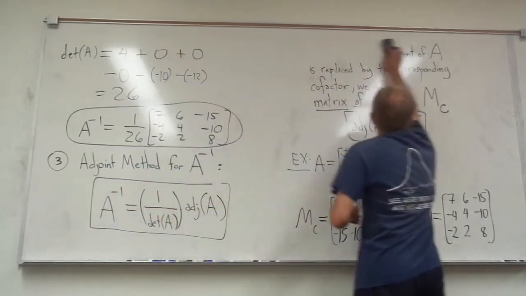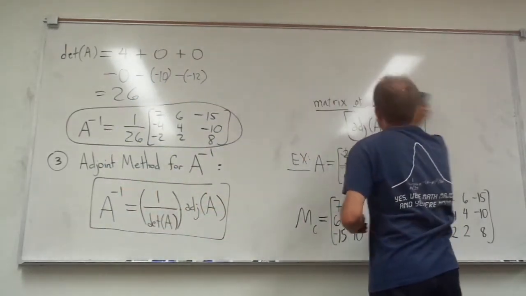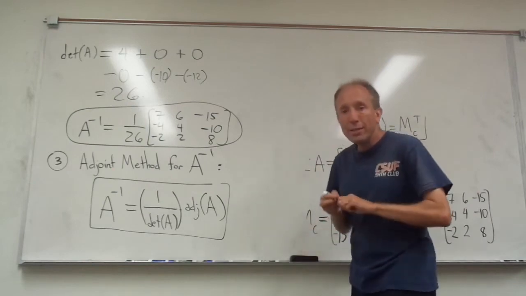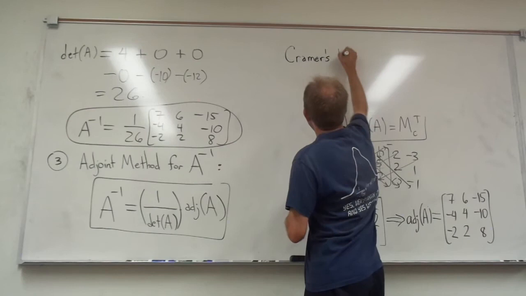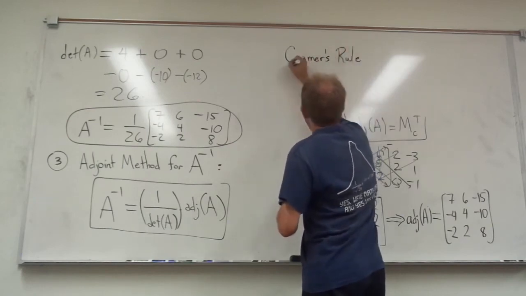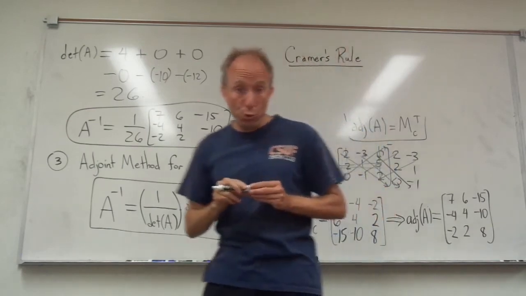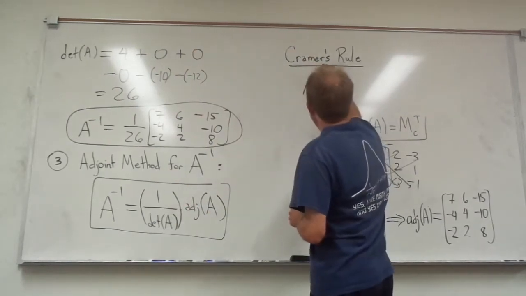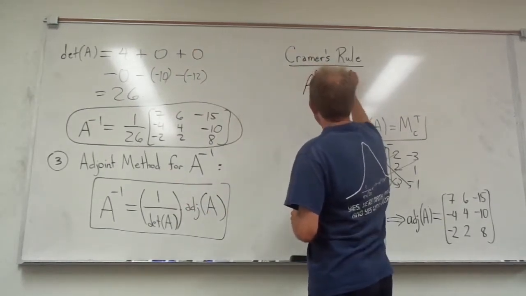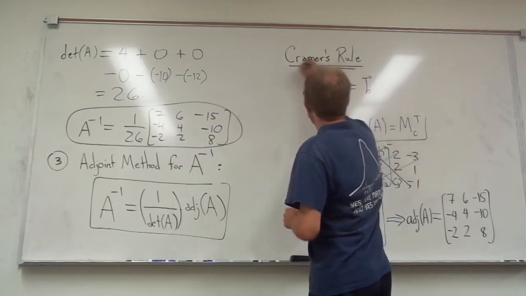Lastly, the very last thing, and this one I'm not going to go into here in this video, but there is something else that you should look up. I have another video, the same place where you found this video, something called Cramer's rule. And what that is, it's a method if you have an invertible matrix A and you're looking at a linear system.